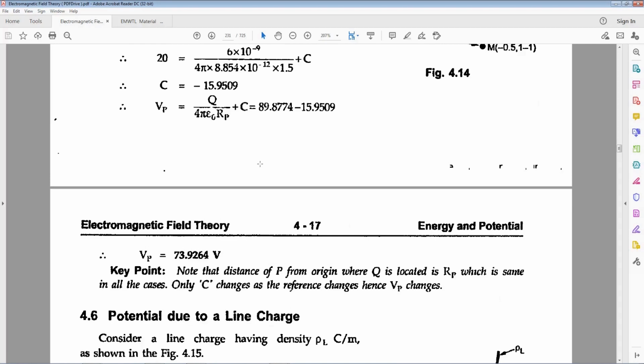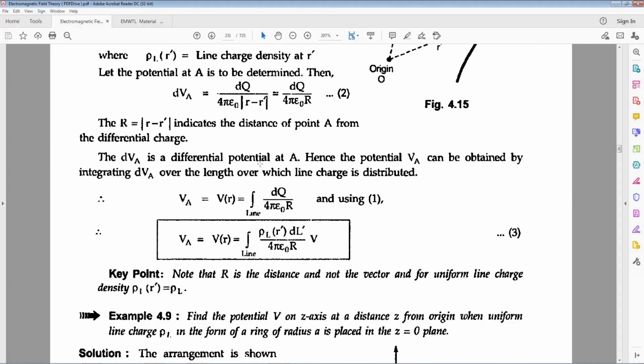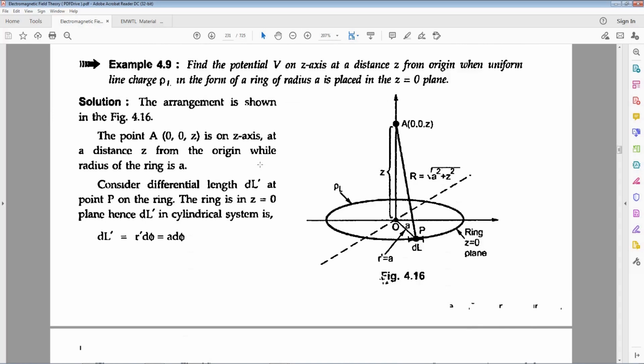And coming to the next one, find the potential V on the z-axis at a distance of z from the origin when the uniform line charge rho L is in the form of a ring of radius a placed at z is equal to 0.